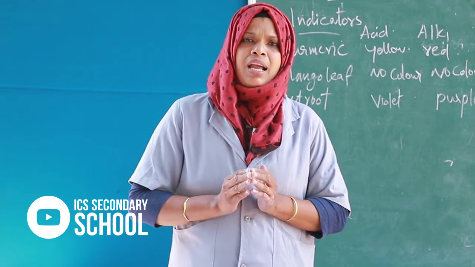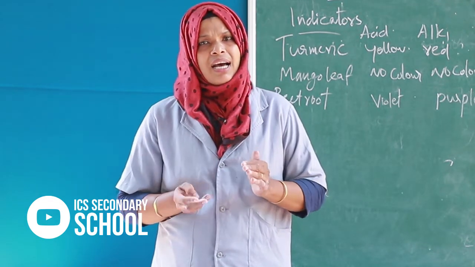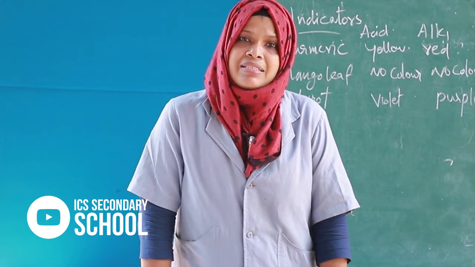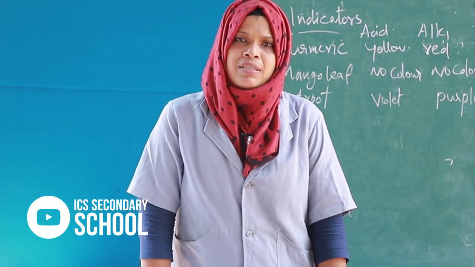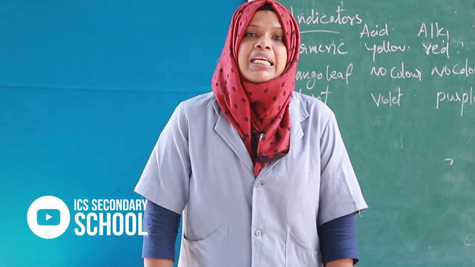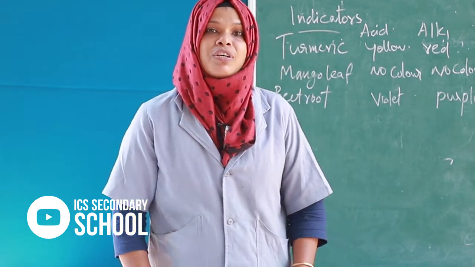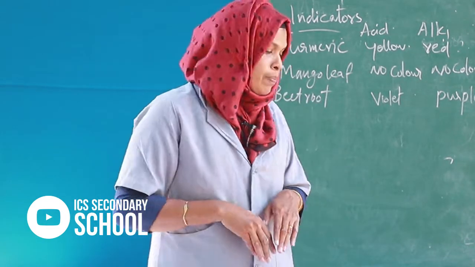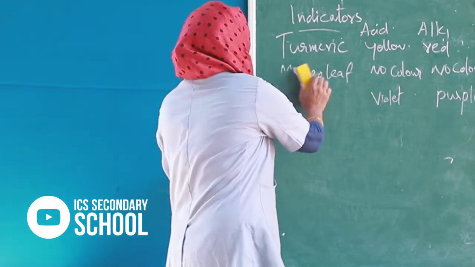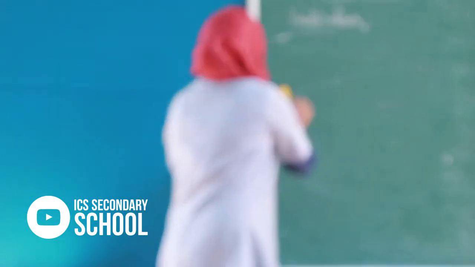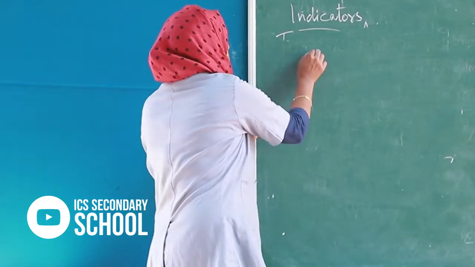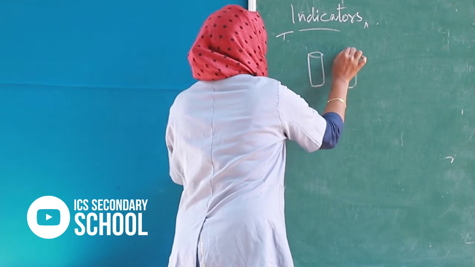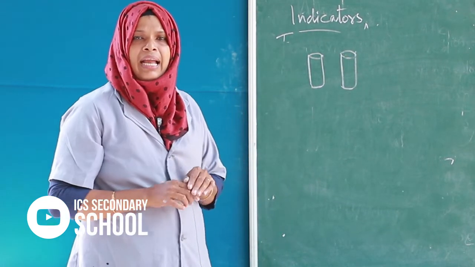Okay. Can you tell me what are the other substances used in laboratory as indicators? Can you tell me the names? Okay, here is an activity for you. First you take two test tubes.